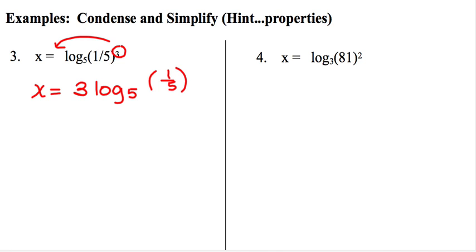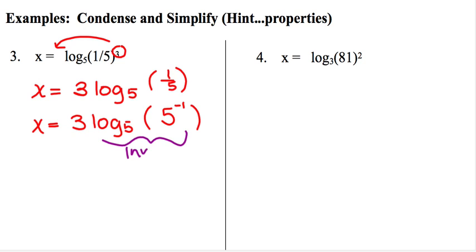Now let's work on the logarithm. I can rewrite 1/5 as an exponential of base 5, because 1/5 is the same thing as 5 to the negative 1 power. Now, these two pieces are inverses of each other, so that answer is going to give you negative 1.